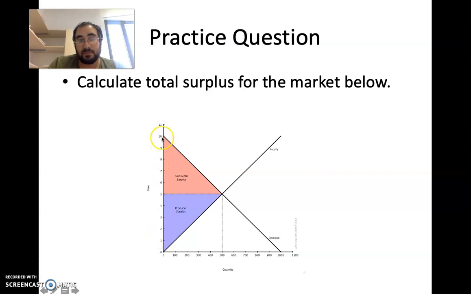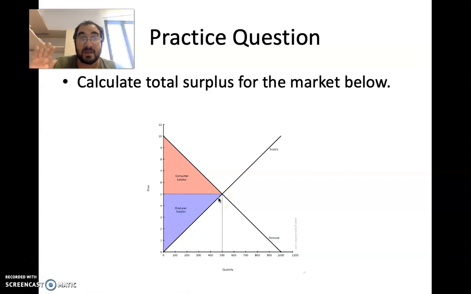Well, the price from which the consumer surplus starts minus the price at which the producer surplus starts, times the equilibrium quantity, will give you market surplus if there is no regulation.